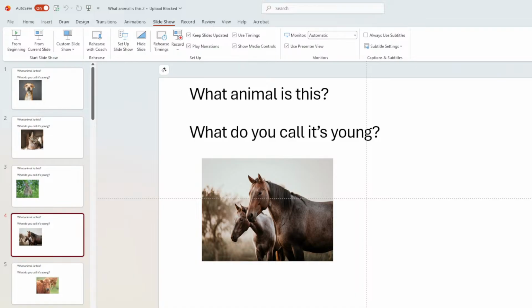But maybe what some of you do not know are the names of the young ones of these animals. What do we call the young one of a horse?